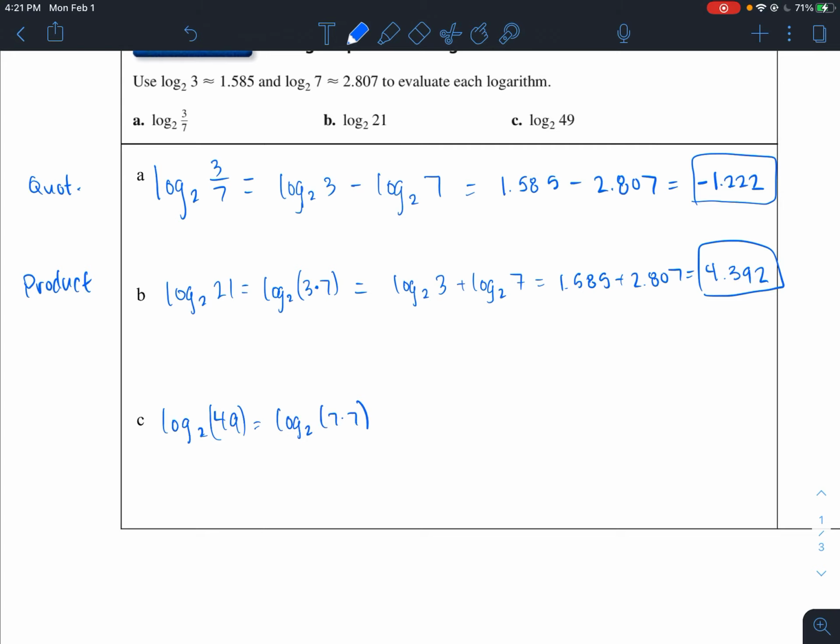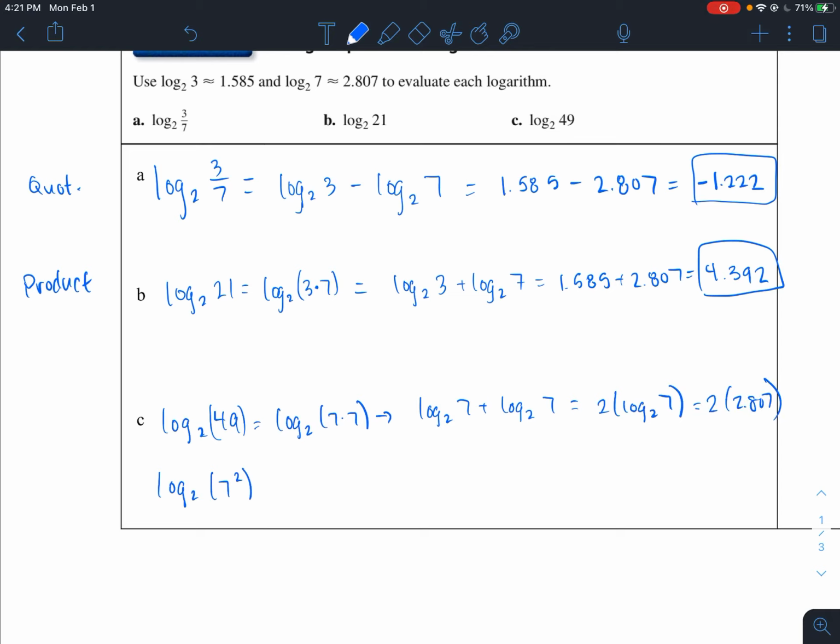Now I could also go this route, log base 2 of 7 squared. From here, I can use the product property and do log base 2 of 7 plus log base 2 of 7. Or in other words, this is basically saying 2 times log base 2 of 7. If you're adding them, that means you have 2 of them. So 2 log base 2 of 7, and this would be 2 times 2.807.